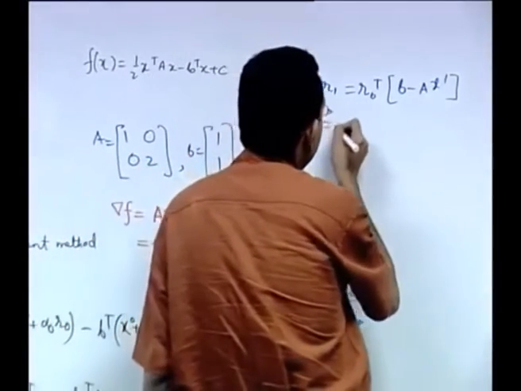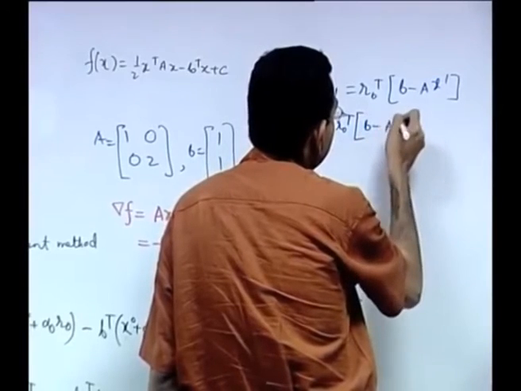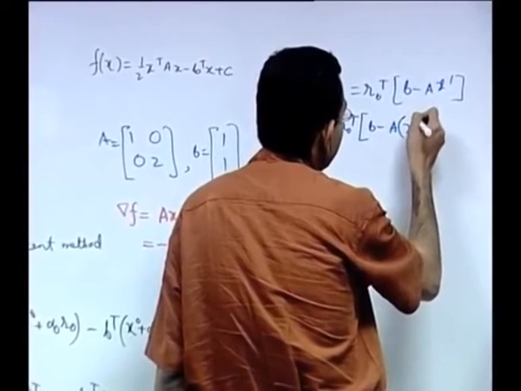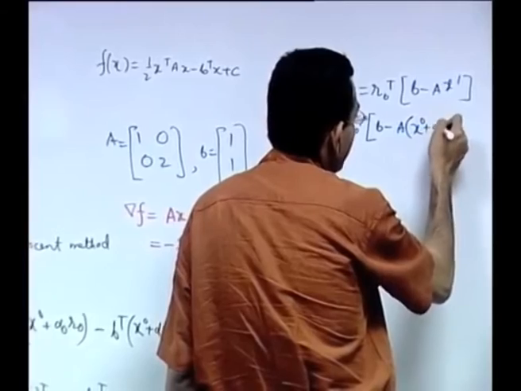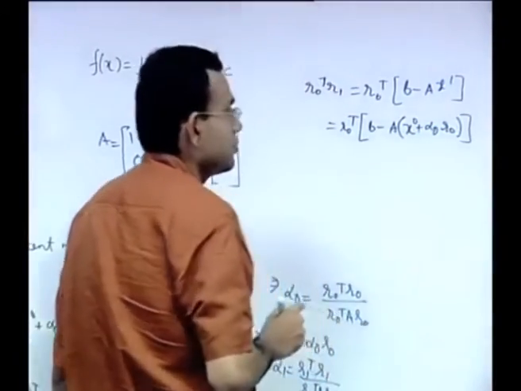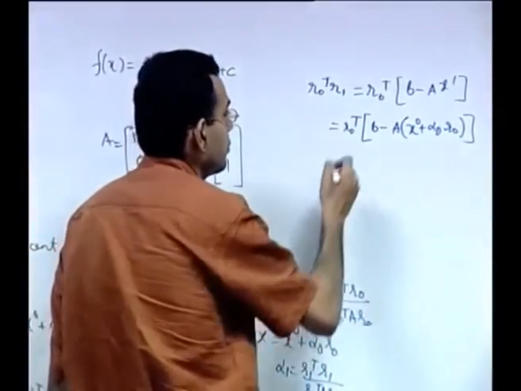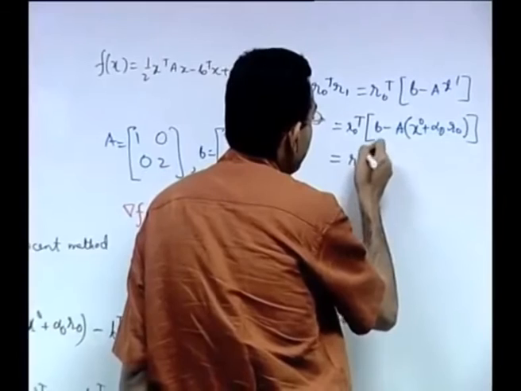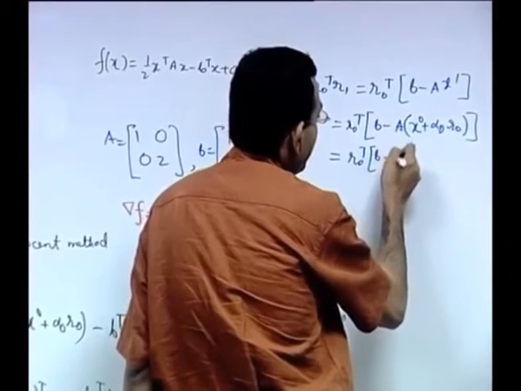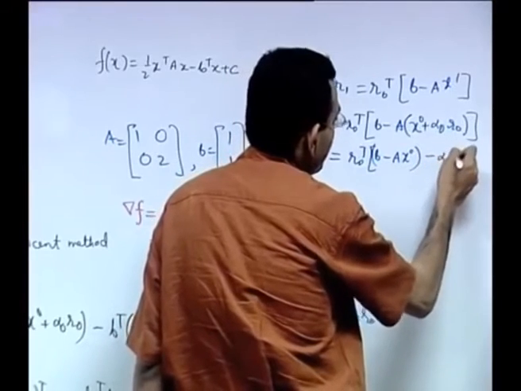In place of x1 we can write x0 plus alpha 0 R0. So R0 transpose B minus AX0 minus alpha 0 A R0.